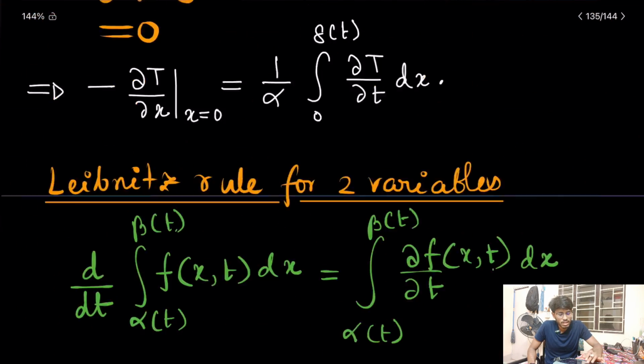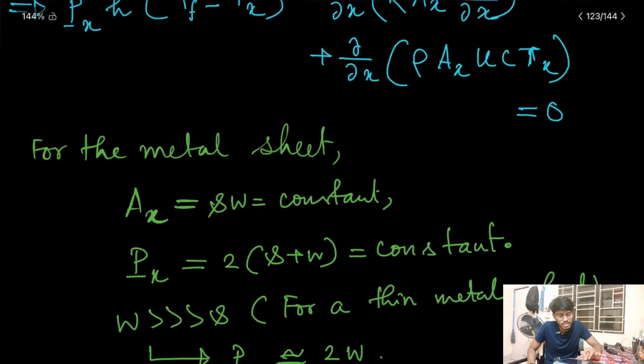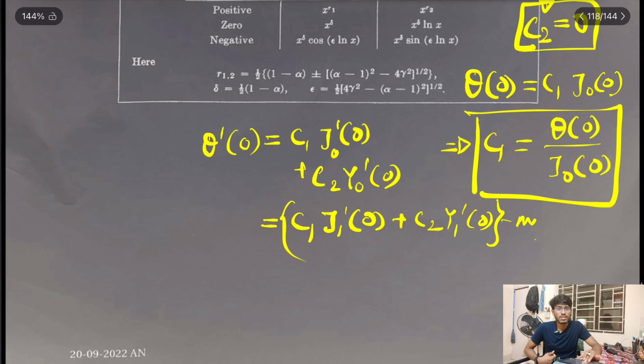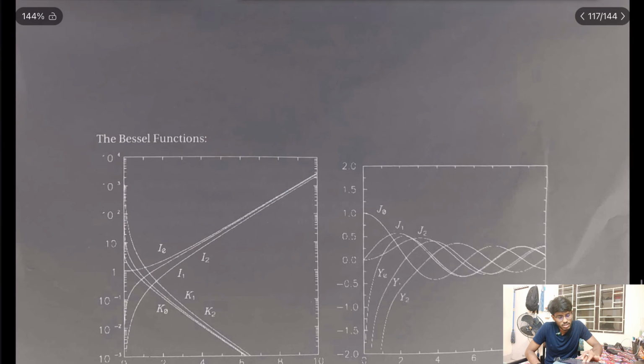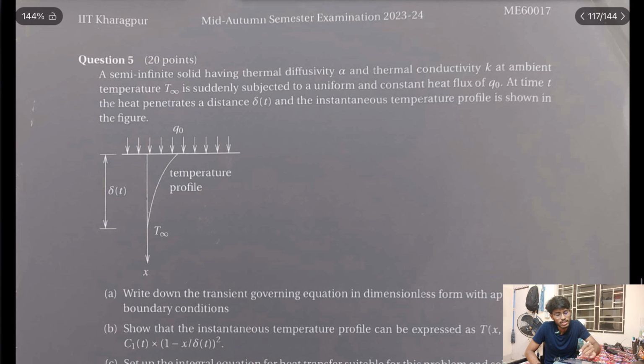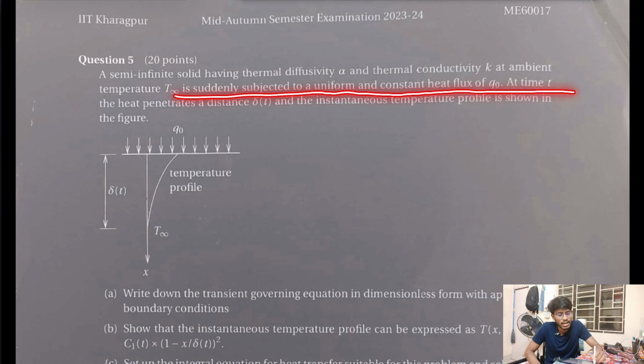but just for the last five minutes, I will tell you about this mid-semester question. You see this problem: a semi-infinite solid having thermal diffusivity alpha and thermal conductivity K, at ambient temperature, which is also your initial condition, is suddenly subjected to a uniform and constant heat flux Q naught.